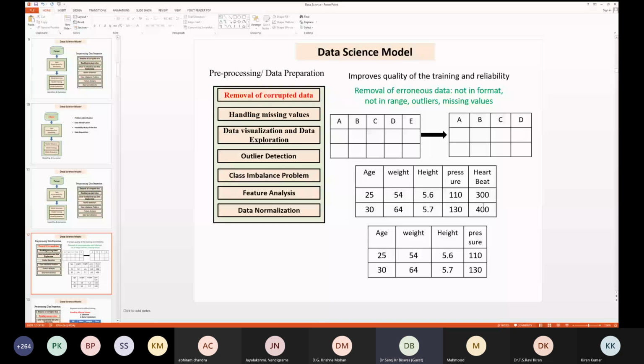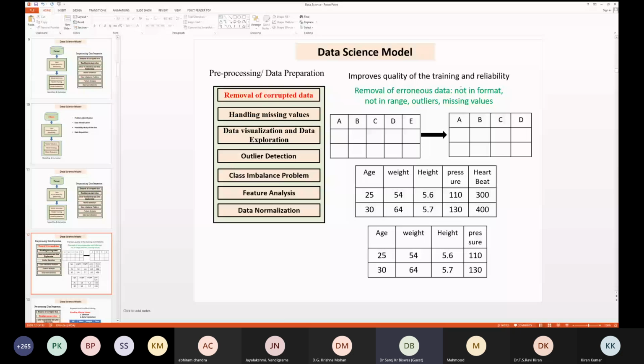If we remove the corrupted data, it improves the quality of the training and reliability. If the training of a model is good, the model will be accepted by organizations to solve the problem. So if we have corrupted data, we need to remove it.